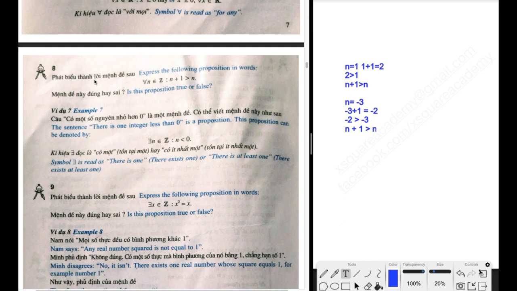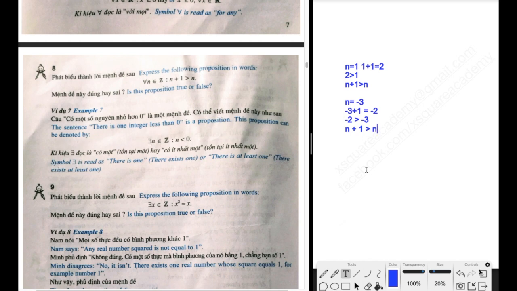Continuing with the next example. Example 7. The sentence "there is one integer less than 0" is a proposition. And this proposition can be denoted as you see.